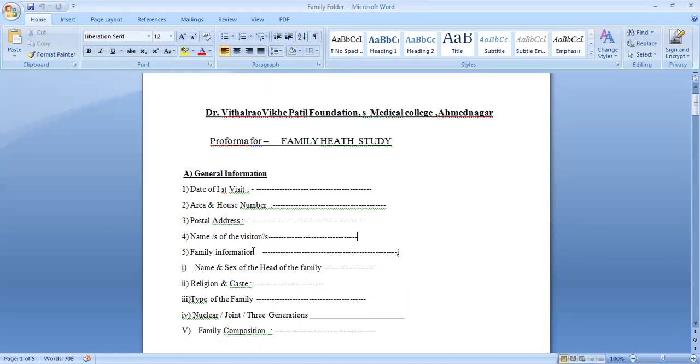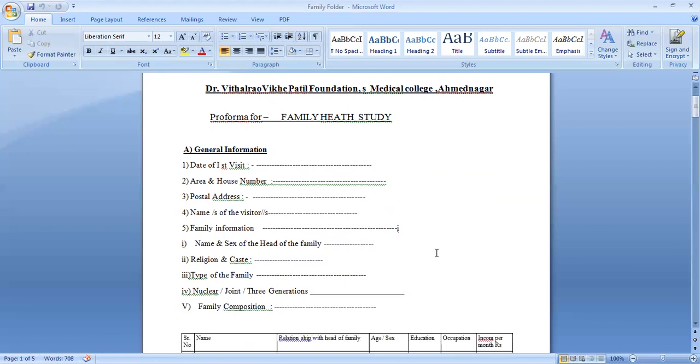Then the names of the visitors are also to be noted, and the family information is also recorded in this.